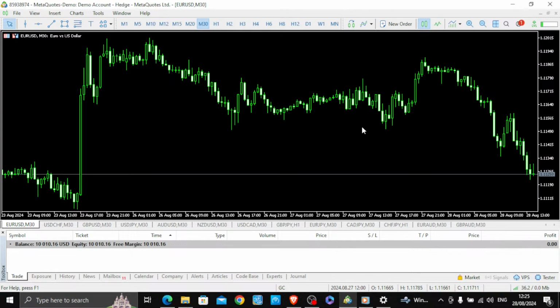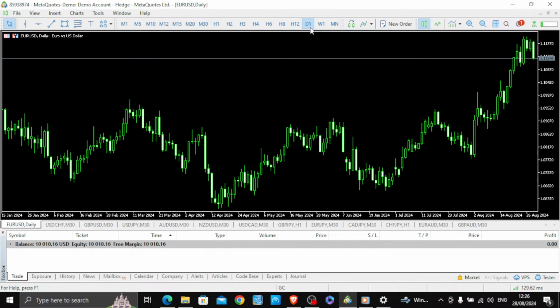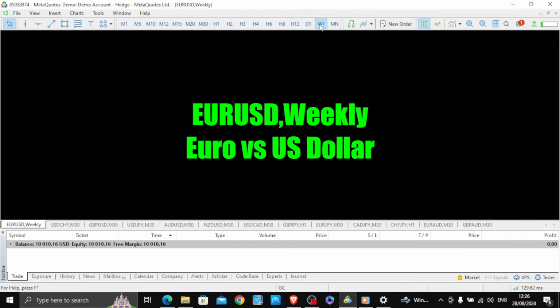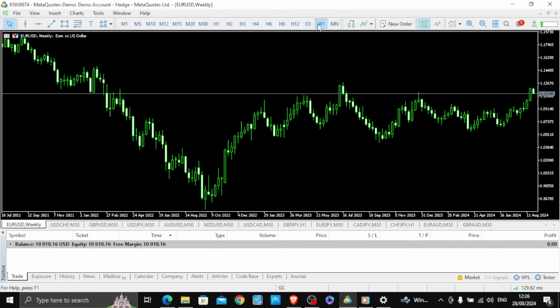Okay, now multiple time frame analysis. Let's start from the weekly chart. We can see the swings very well. Last time I talked about market structure.